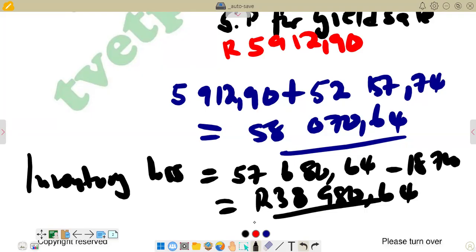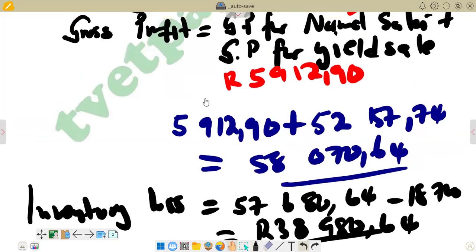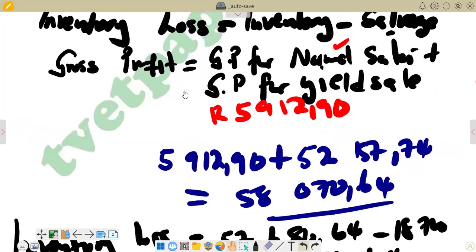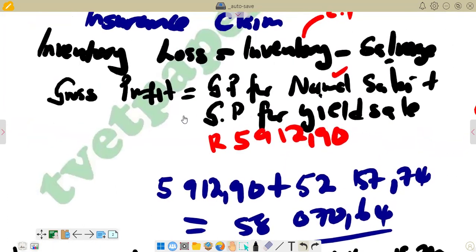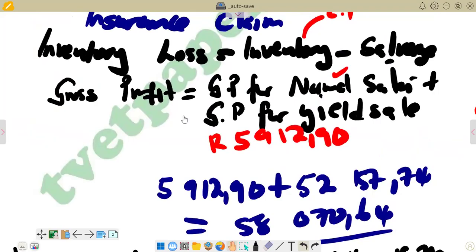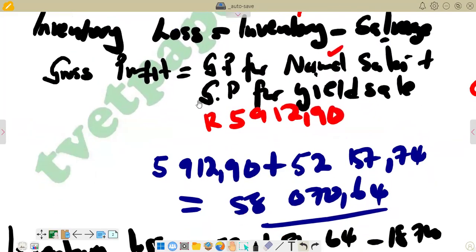So this is going to be your inventory loss. Then we also want to find the figure for average clause.